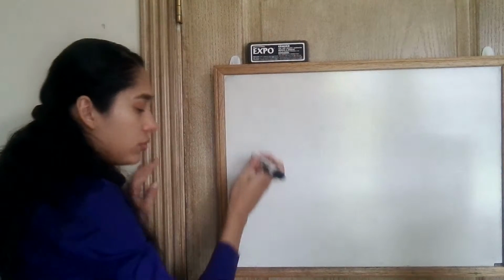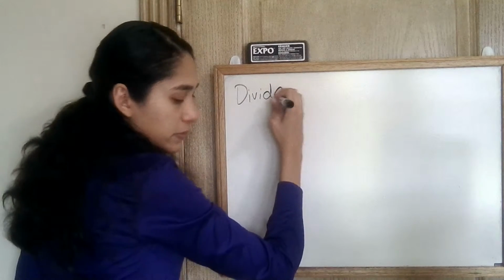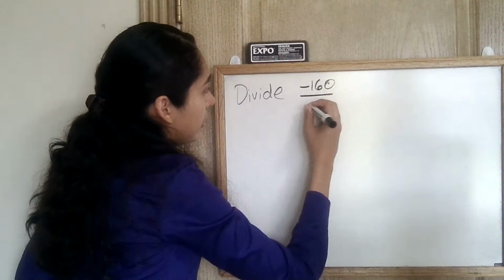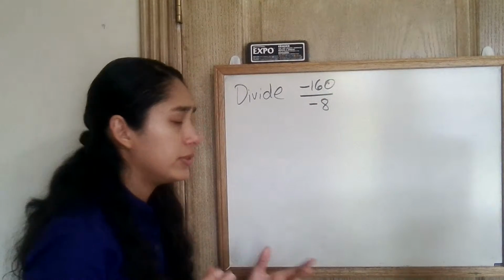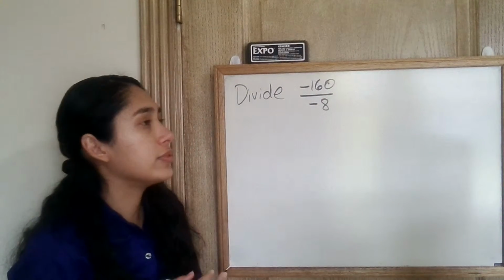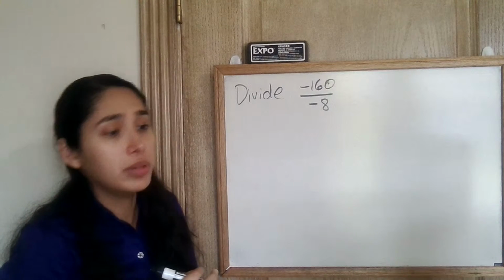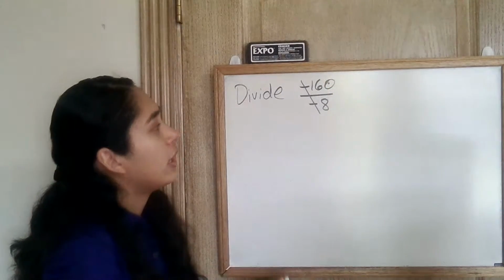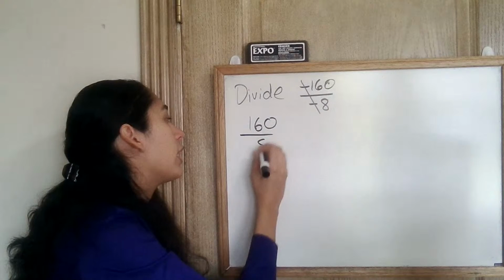So let's divide negative 160 by negative 8. Okay, division. I see two negatives. When I'm dividing a negative by a negative, I get a positive. Misery loves company. Scratch that out. I can rewrite this as 160 over 8.